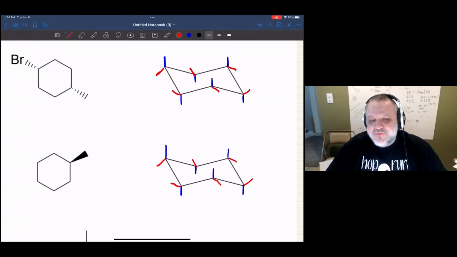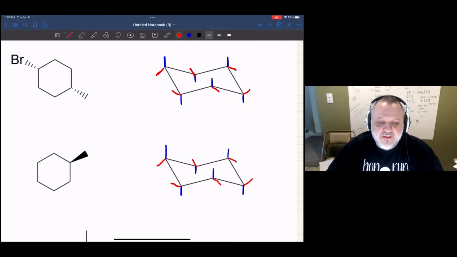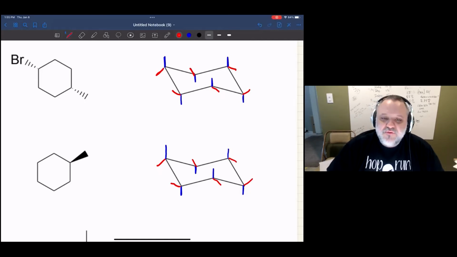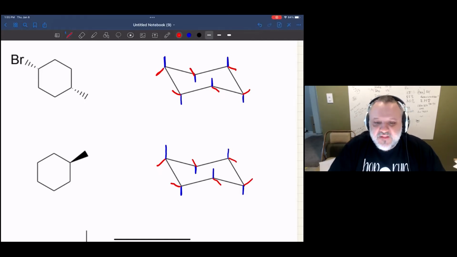What else doesn't matter is what atom you start on, as long as you're consistent with the physical reality of the structure and you draw it correctly. So I've got a bromine pointing in the down position, so I'm going to start it on a down bond. Now, remember, there are actually two pictures, and maybe both pictures are equivalent, but when we draw rings, we can always draw a ring flip.